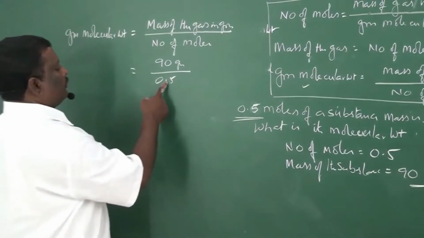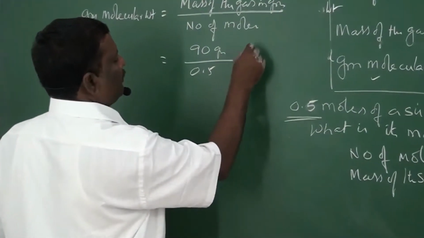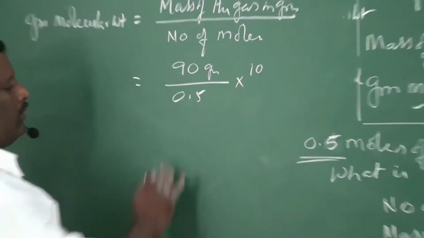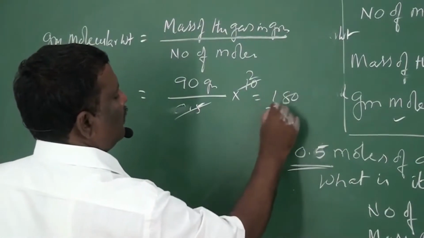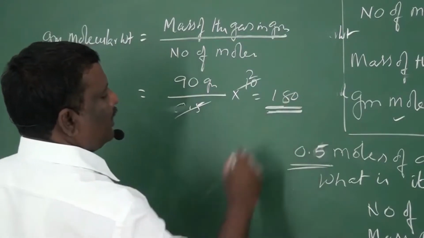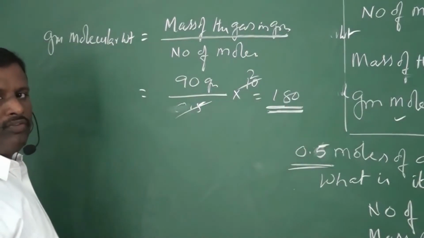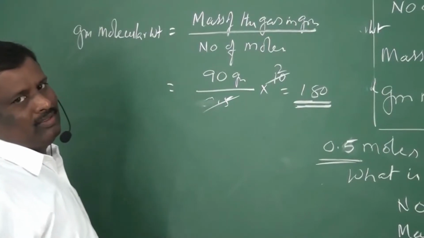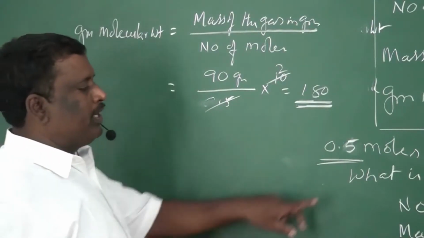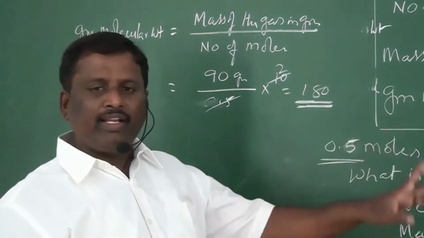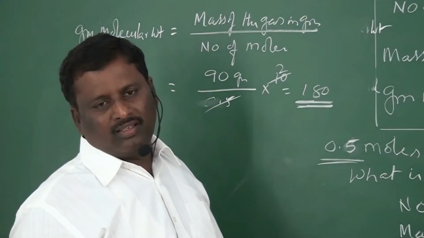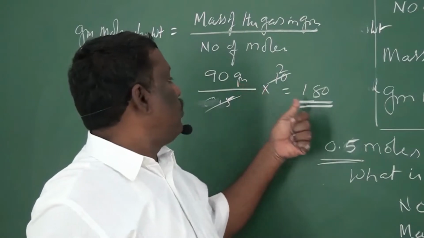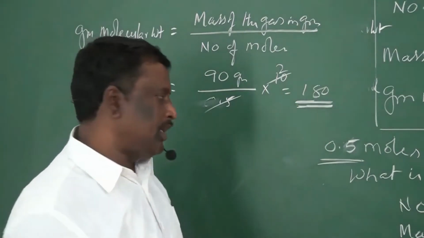So, if you remove this decimal, you have to multiply with 10. Then 2 times, then 180. So, 180 is the molecular weight of the substance. If 0.5 mole of that substance mass is 90, the molecular weight of the substance is 180. Next. Now, you calculate another problem.